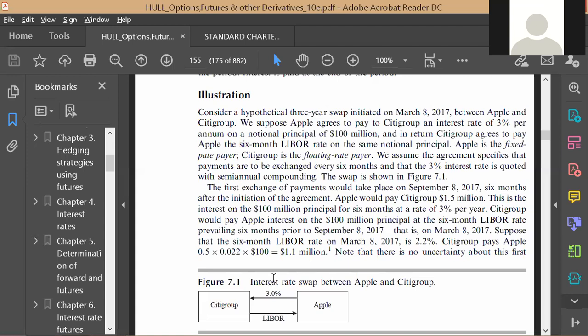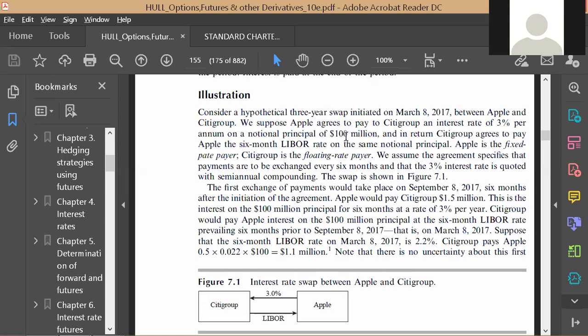Gross settlement would be two payments. Apple would pay 3% gross, the full 3%, and Citigroup would pay the full 2.2%. And as you know, interest rates do not make sense when you're talking about an actual payment obligation unless you have some kind of principal attached to it. Otherwise, 2% of what?